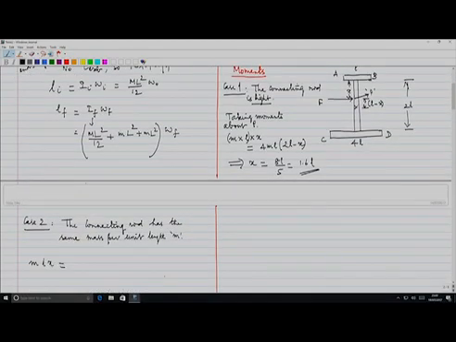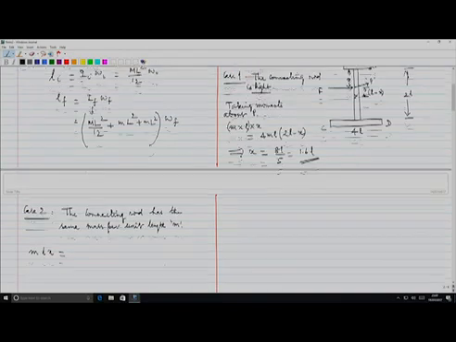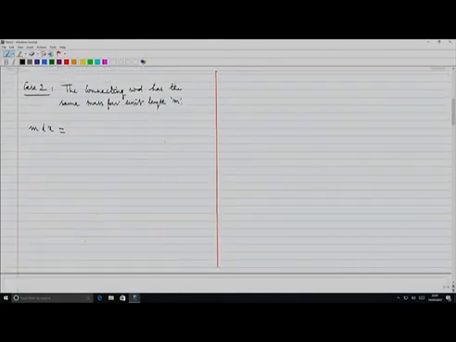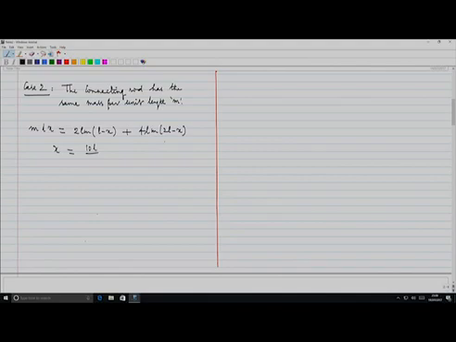However, there is going to be a moment due to the middle portion, right? Therefore, 2Lm into L minus x plus 4Lm into 2L minus x. So x is equal to 10L by 7.